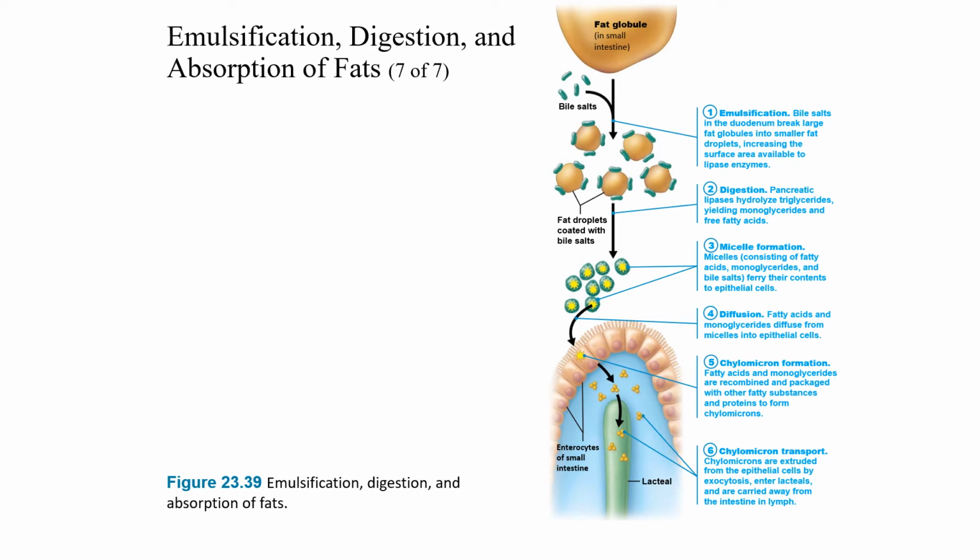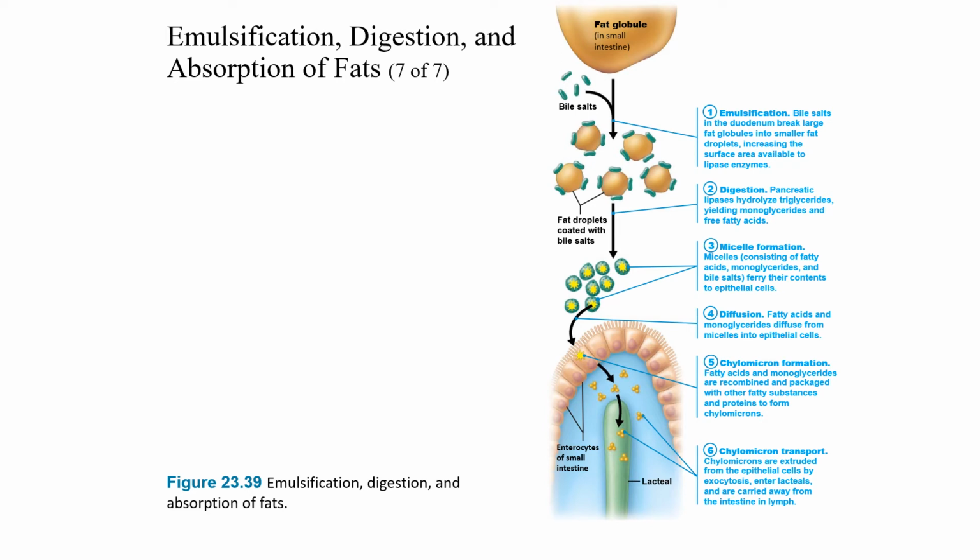And so these bile salts then are going to break up the big fat globule into itty-bitty fat globules called micelles. These micelles are small enough that pancreatic lipases can hydrolyze. Okay, the bile salts bring in some water, but they can hydrolyze the triglycerides into monoglycerides and free fatty acids.